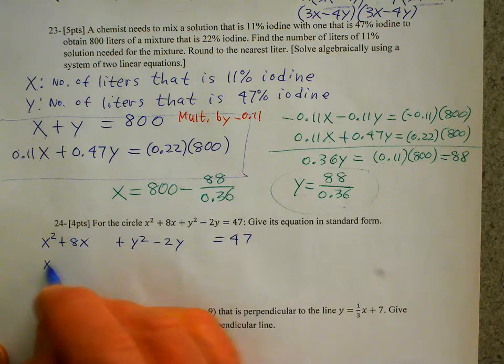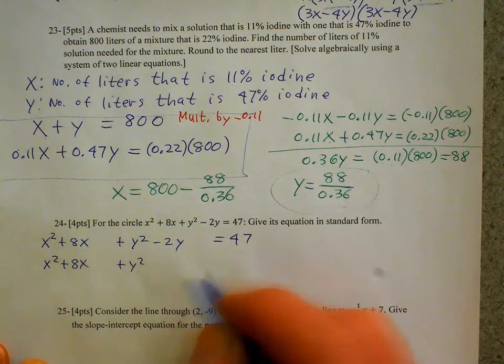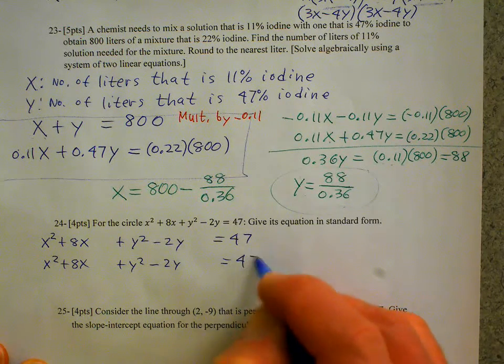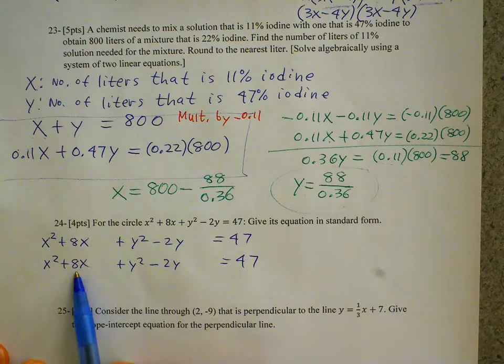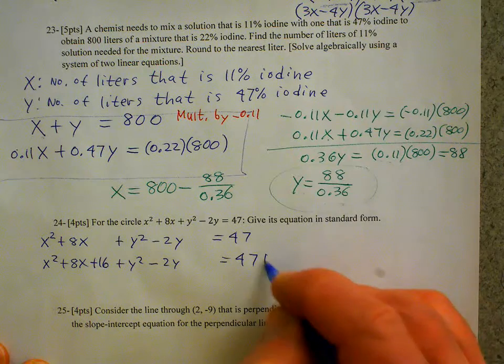For x squared plus 8x, we have to add a number to both sides so that we get a perfect square trinomial. The number is found by taking 1/2 of 8 and squaring it. 1/2 of 8 is 4. 4 squared is 16, so we add 16 to both sides of the equation.